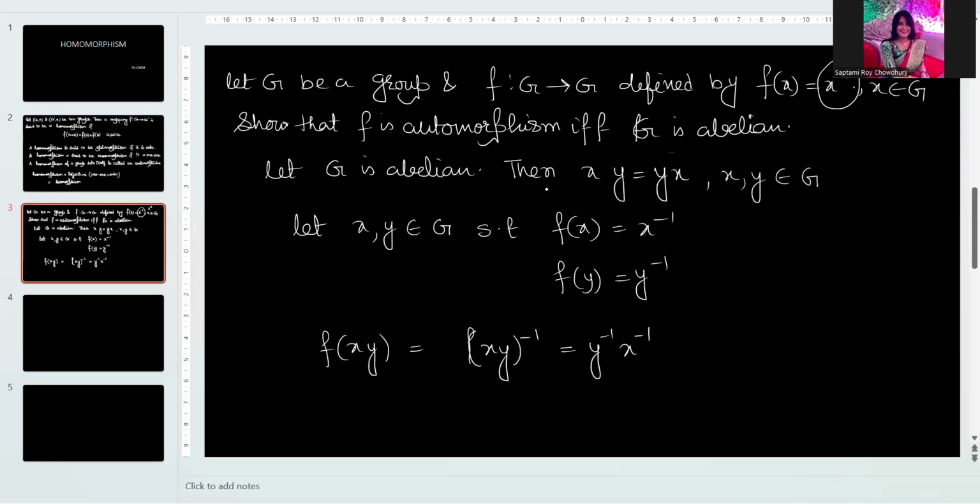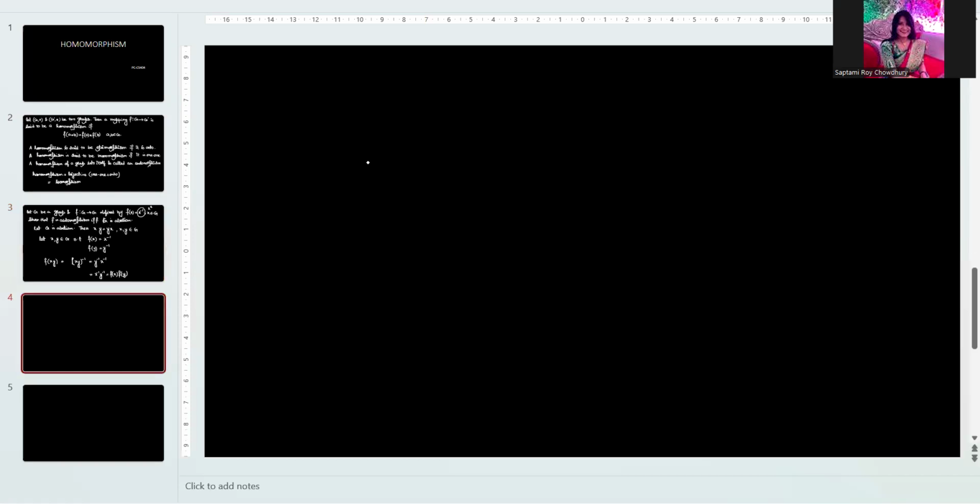Now as this is an abelian group G, we can write it as f of x, f of y. This shows that this is a homomorphism.